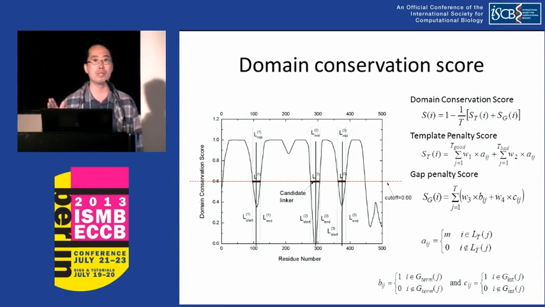If we suppose a domain is composed of one fragment, then this is the final result. But in some cases, several fragments are merged into one domain. Then the next step, we should detect the discontinuous domains.